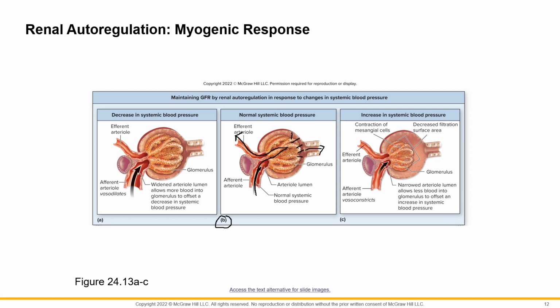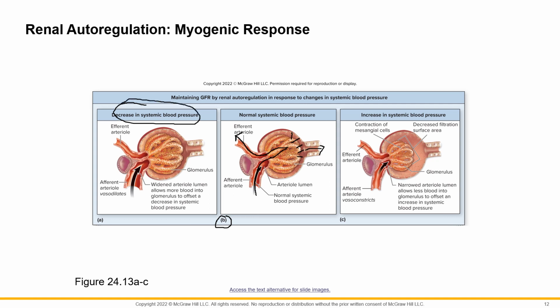Now let's see what happens if you had water loss. So you're dehydrated, you have decreased blood volume, because whatever water you're drinking is actually going to go into blood. So decrease of blood volume equals decrease of systemic blood pressure.